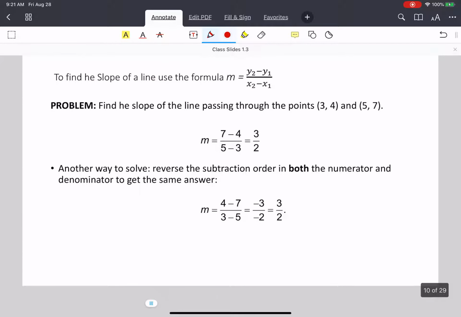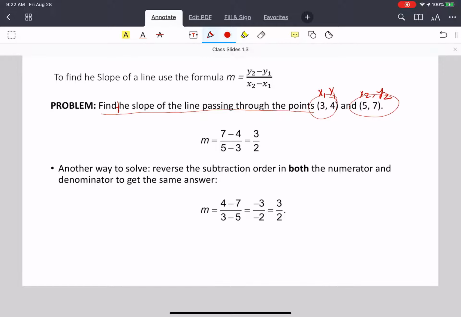And here we show some examples of why that matters. We're going to find the slope of a line passing through the points (3, 4) and (5, 7). So this one's x1 and y1, and x2, y2.